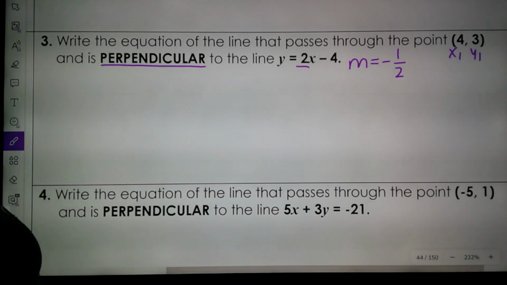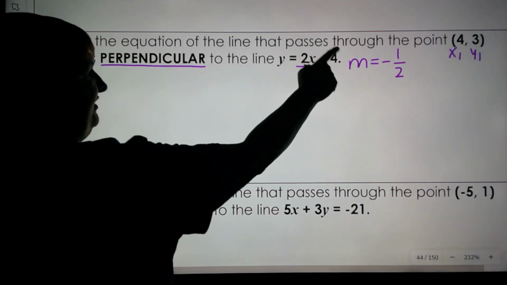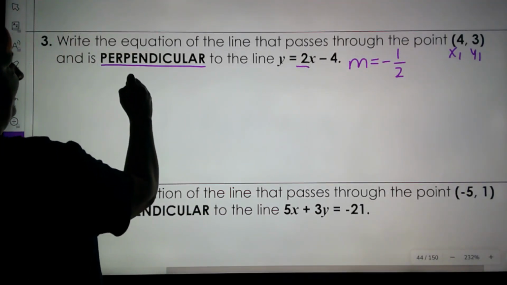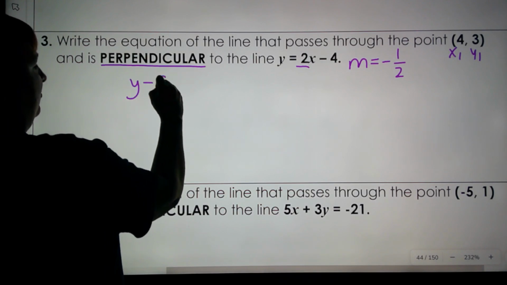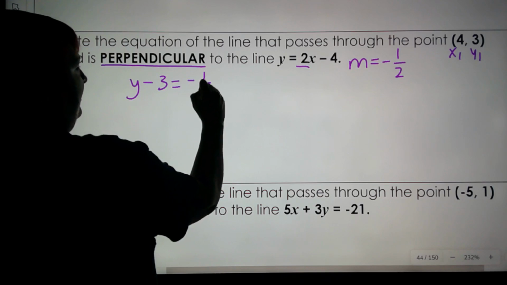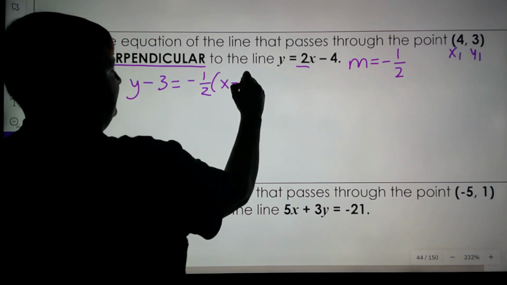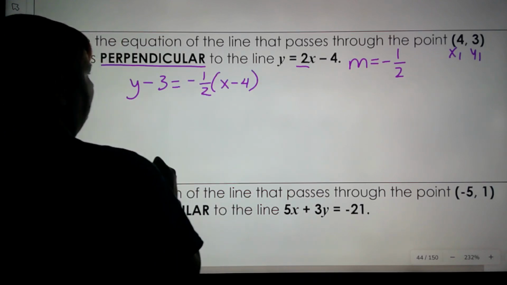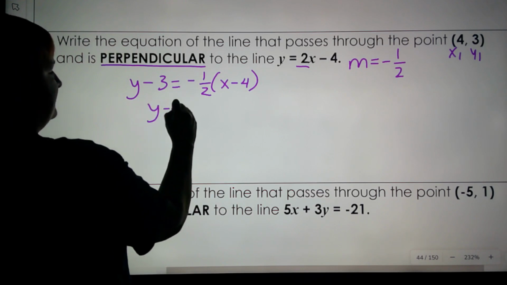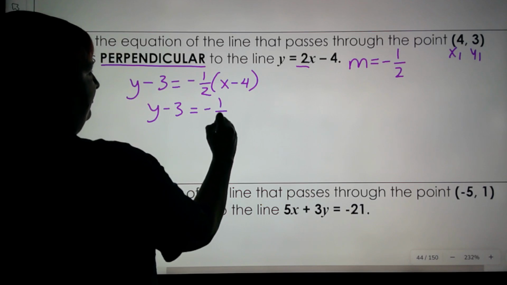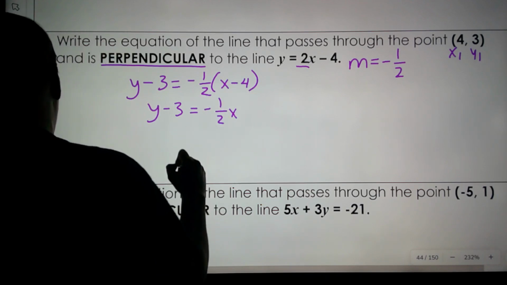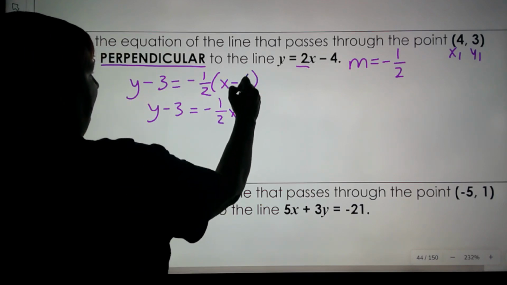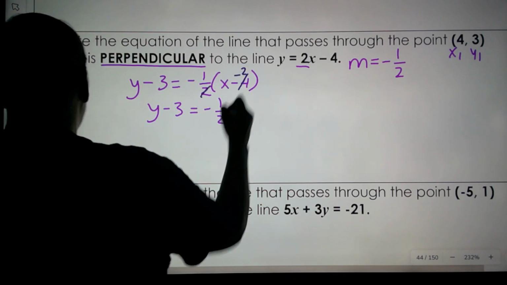Now that we know the point and the slope, we can create our new line. y minus y1 equals m times x minus x1. y minus 3 equals negative 1 over 2 times x minus 4. Negative 4 divided by 2 is negative 2.